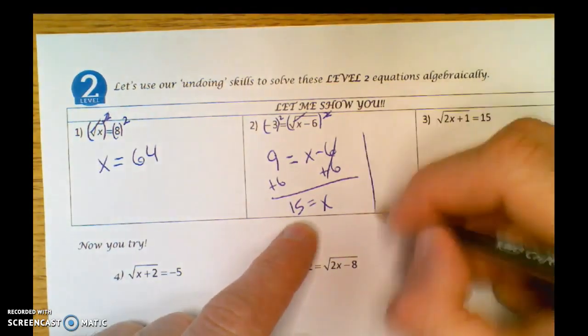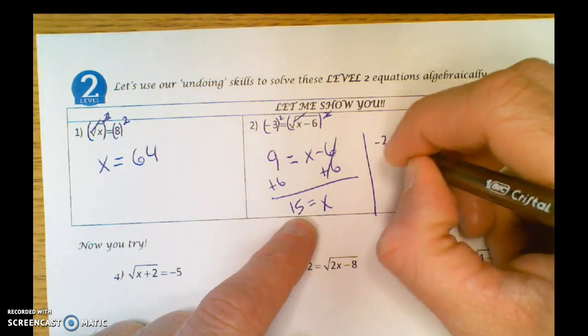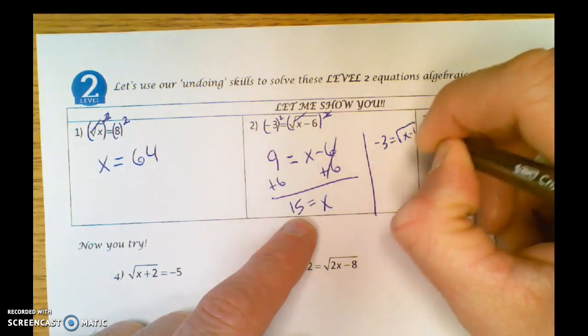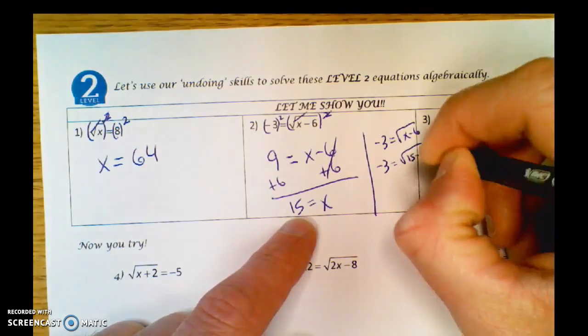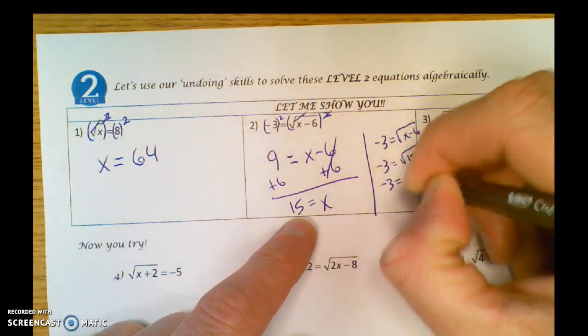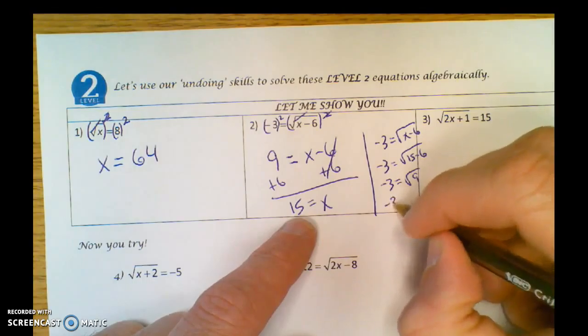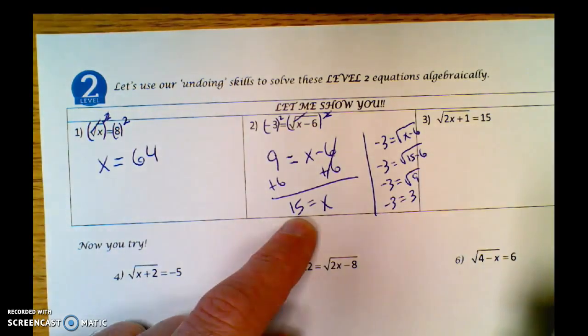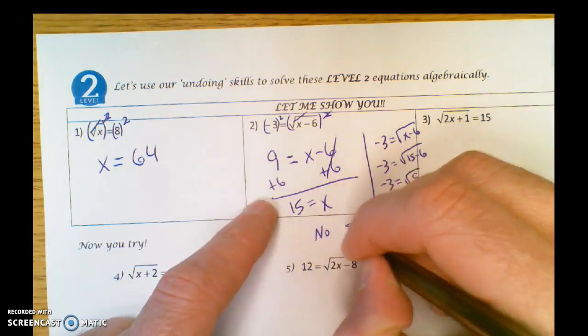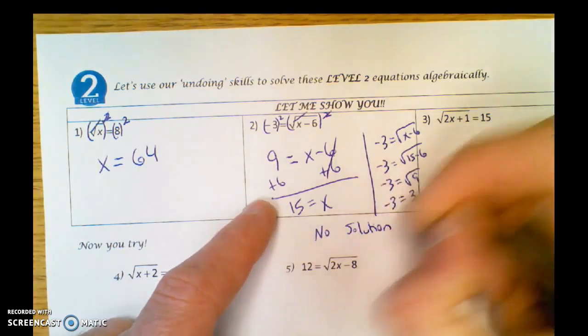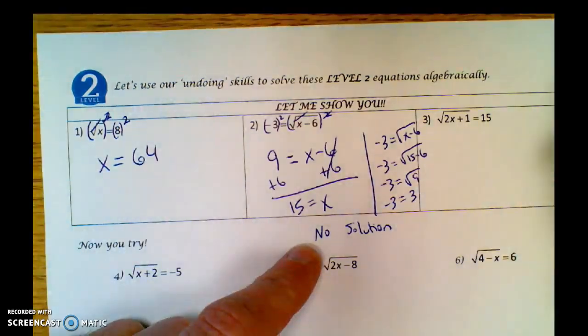If you plug in 15 for x, you get negative 3 equals the square root of 9. But if you square root 9, you don't get a negative value. So this is no solution for this problem, because 15 does not actually work in this problem. So you have to go back and check and make sure that your solutions work.